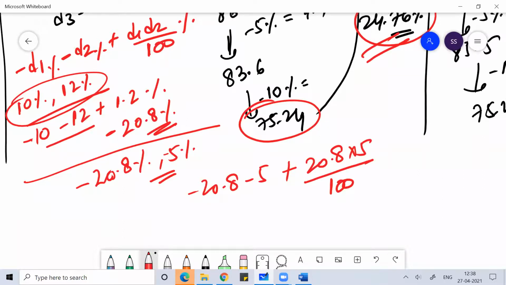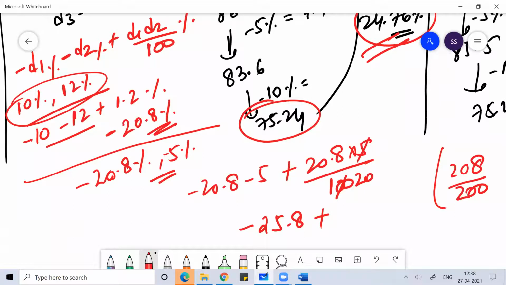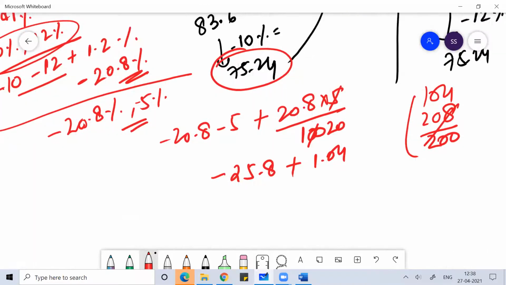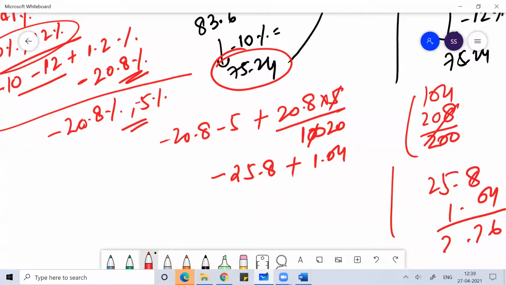This is minus 25.8 plus 1.04. So you get 24.76%.